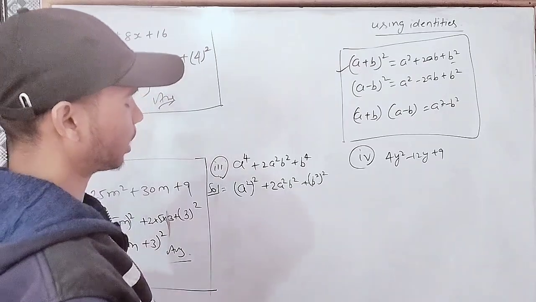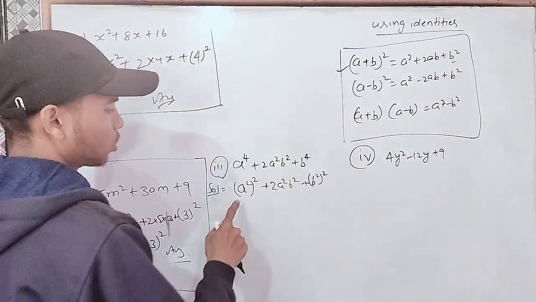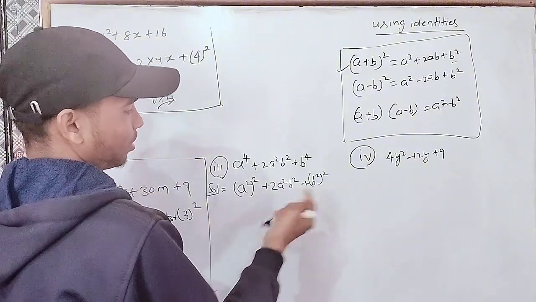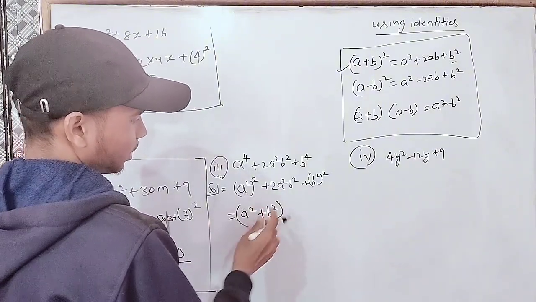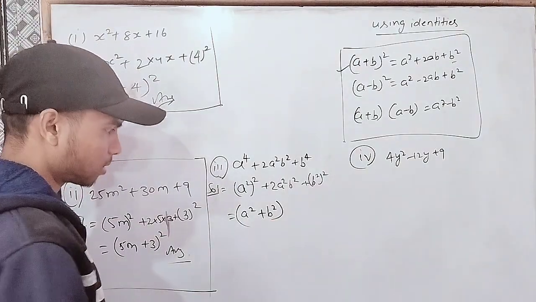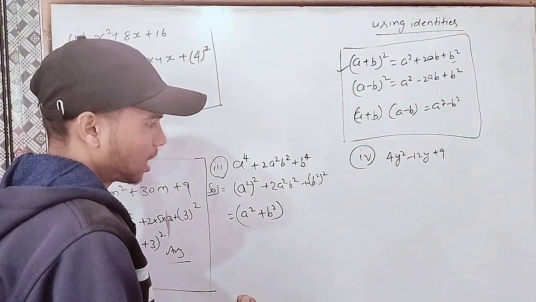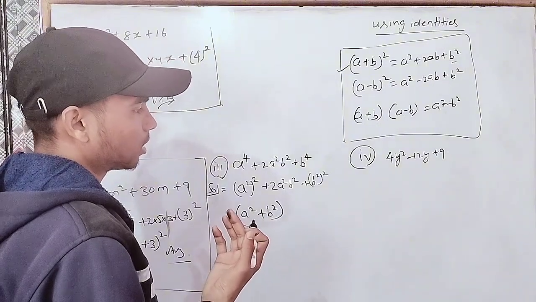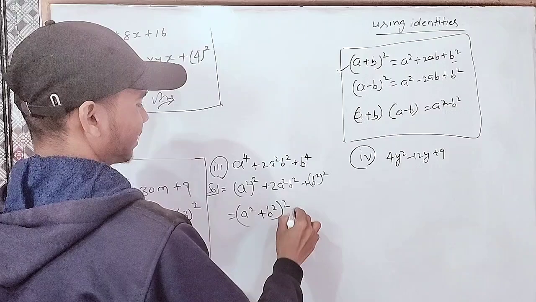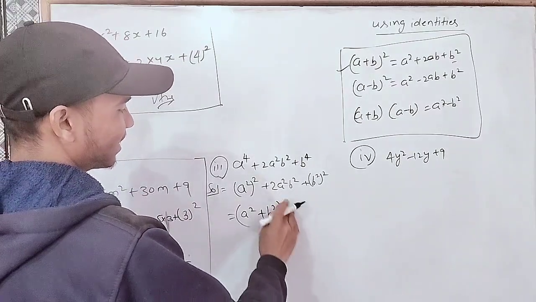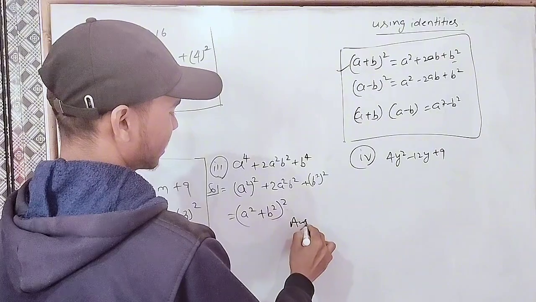Now we have this equation, exactly this equation. So a is a square and b is b square, and both these terms are with the exponent 2. Clear, brother? Yeah, we have solved it.